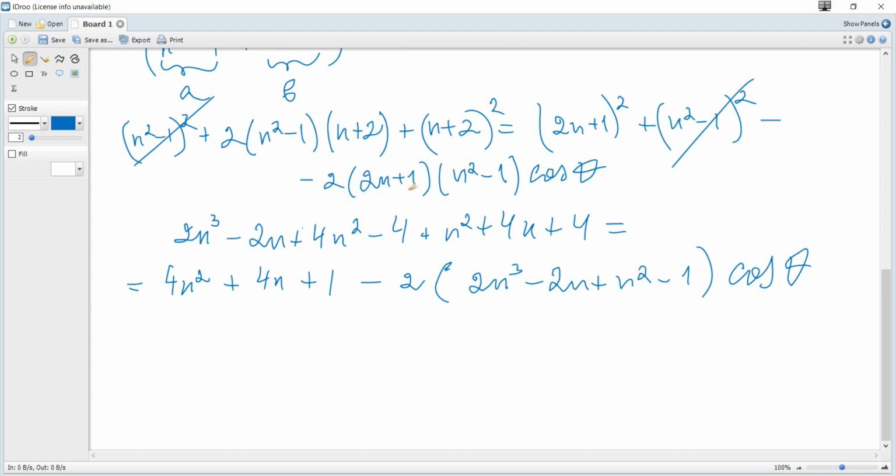And you remember what we need? We need something that is minus 2 times something times cosine theta.